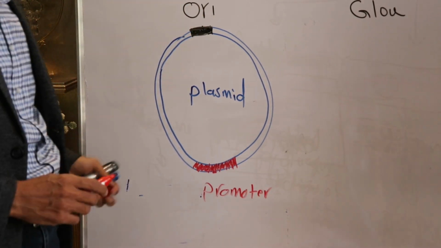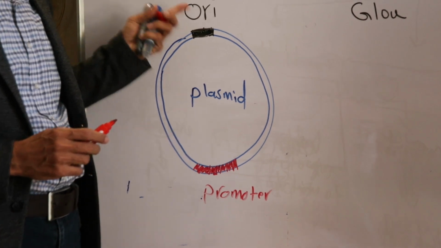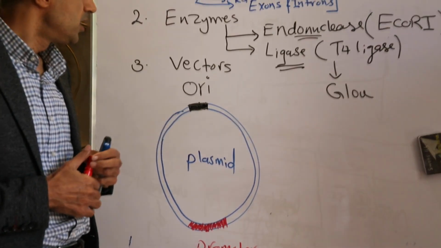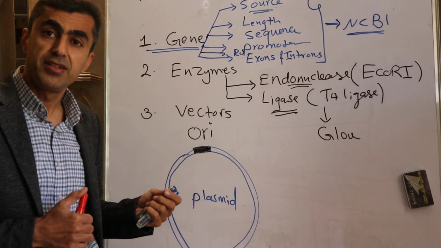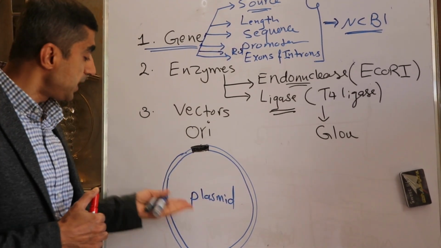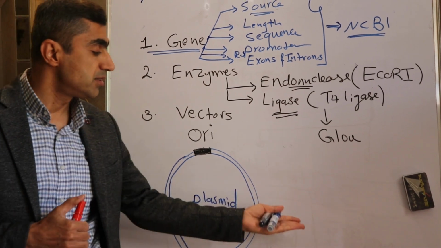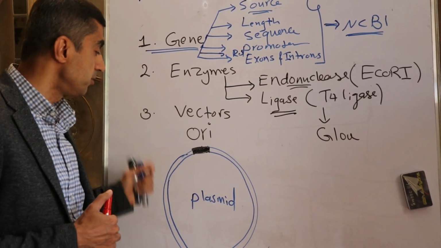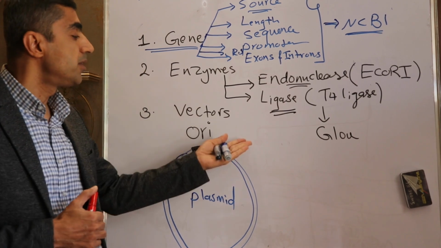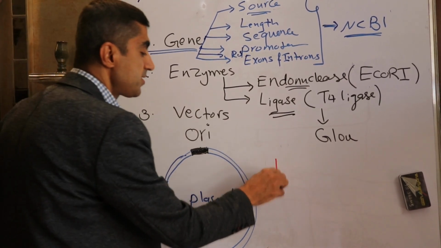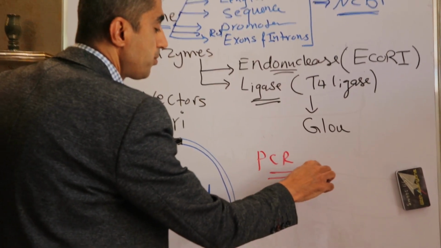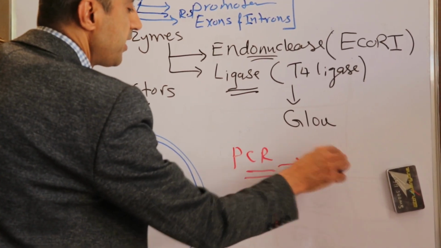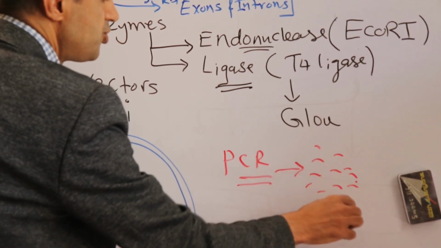If I ask a question, why can PCR not be used for cloning? We use plasmid and bacterial cells for cloning because PCR is a machine. It only multiplies our targeted genes.